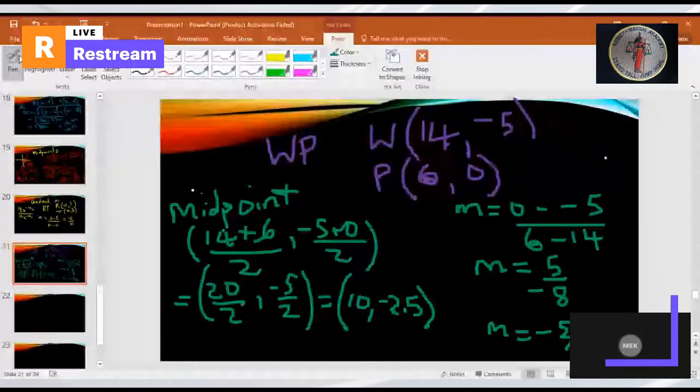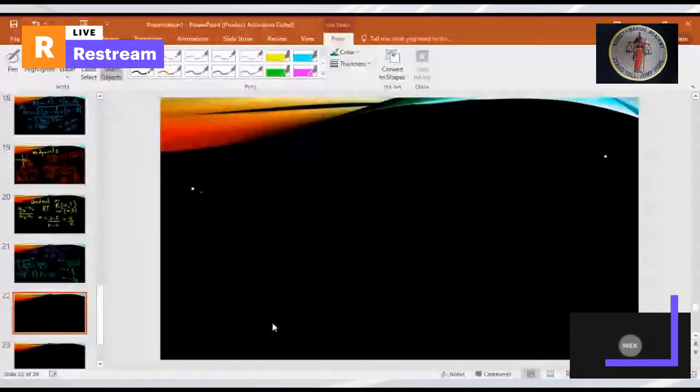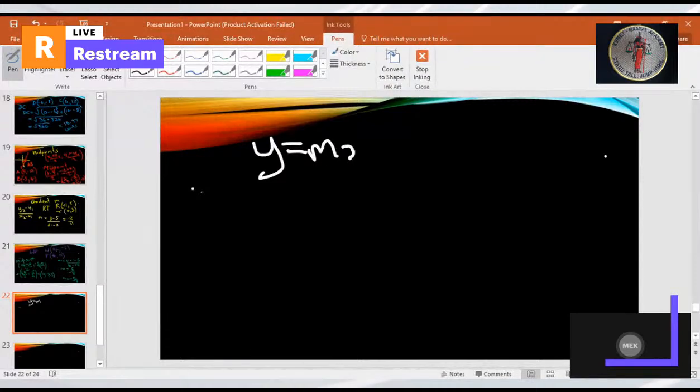All right. So let's move on now to the equation of a line. The equation of the line is y equals mx plus c. That's the standard equation of a straight line. So once the equation is in this format, there are a number of things you can tell about the equation. One thing you can tell is the y-intercept. Another thing you can tell is the gradient of the line.